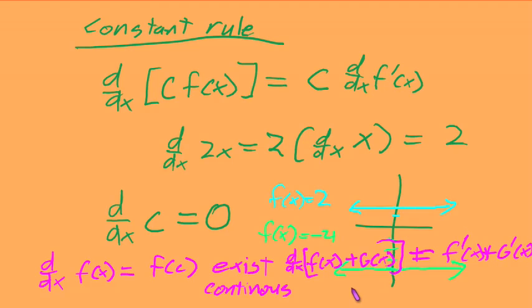Constants can get pulled out in front when taking the derivative. And the derivative of any constant equals 0.